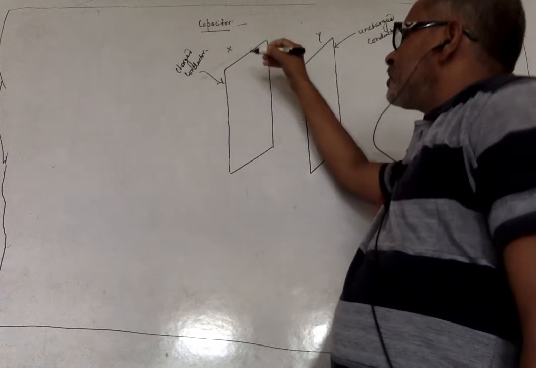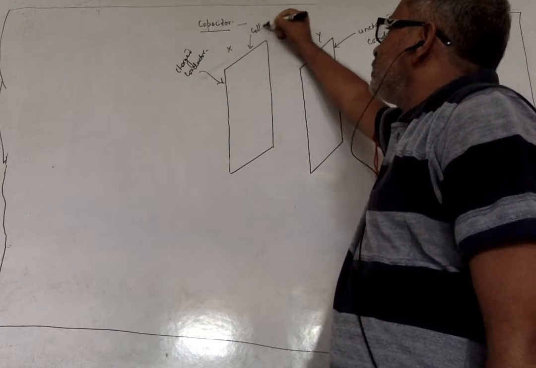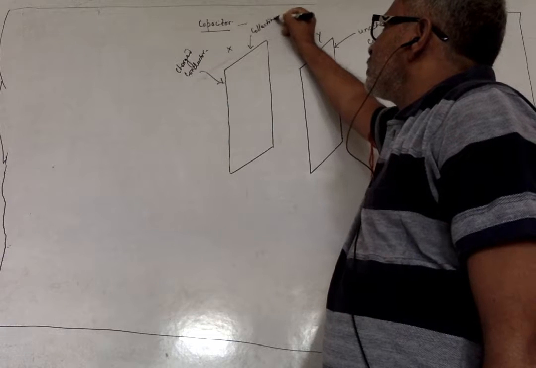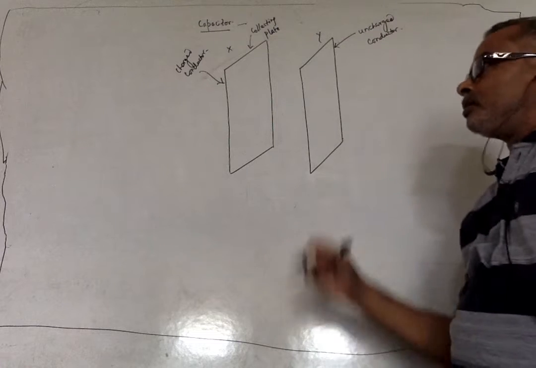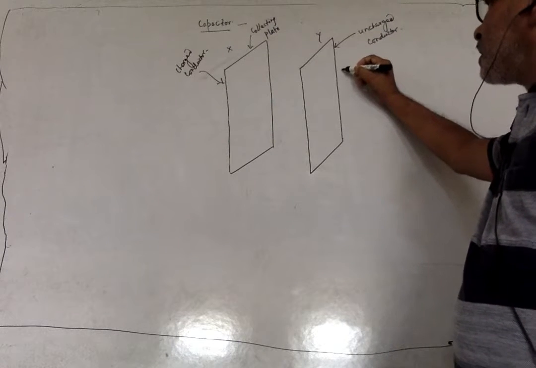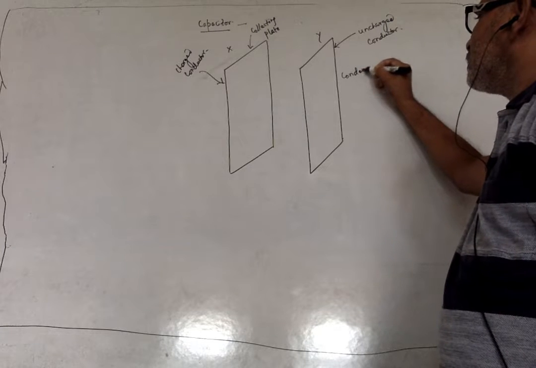The charged conductor is called the collecting plate, and the uncharged conductor is called the condensing plate.